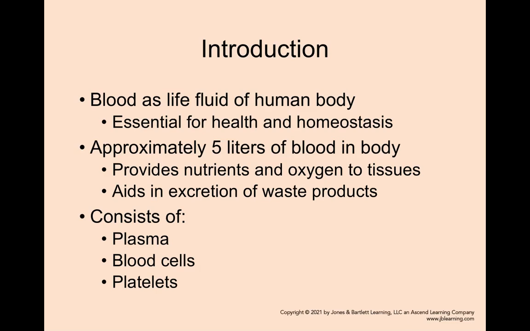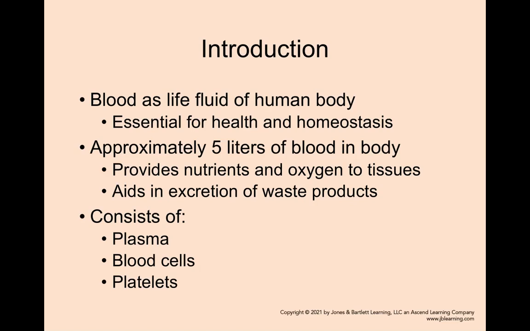There's approximately 5 liters of blood in the body, and its job is to provide nutrients and oxygen to the tissues, and it also aids in the excretion of waste products, as it works in conjunction with the kidneys and the liver to excrete waste, and also takes out the carbon dioxide. It consists of a few different components: plasma, blood cells, and platelets.